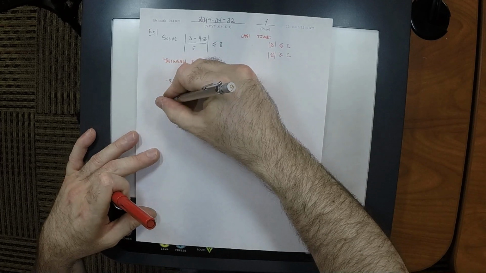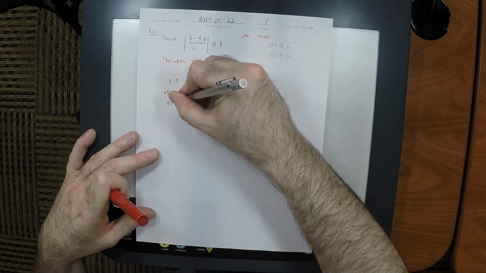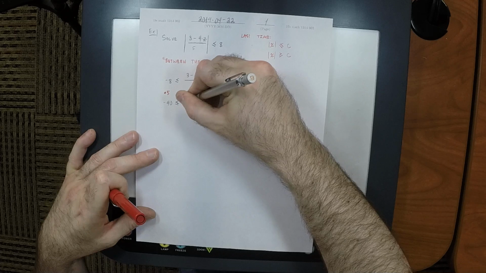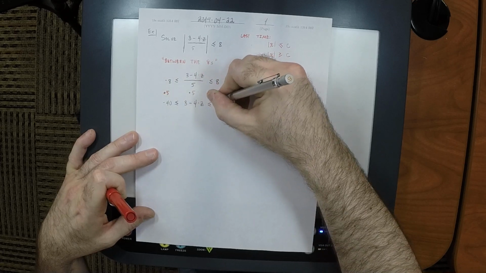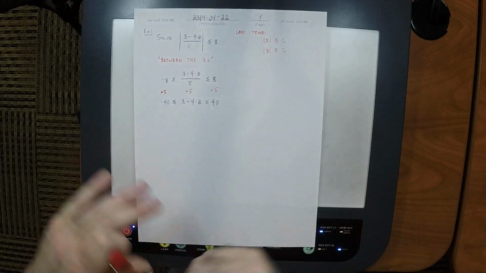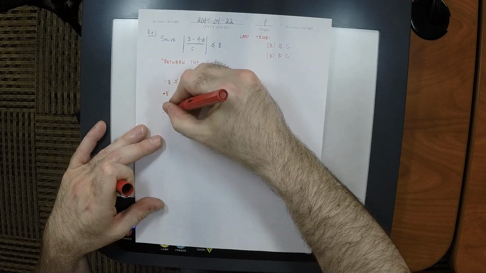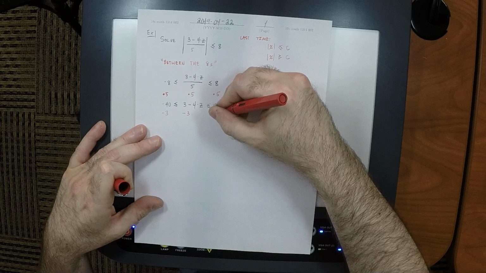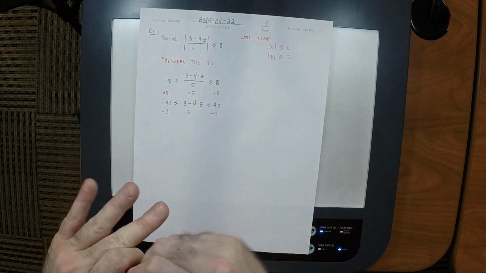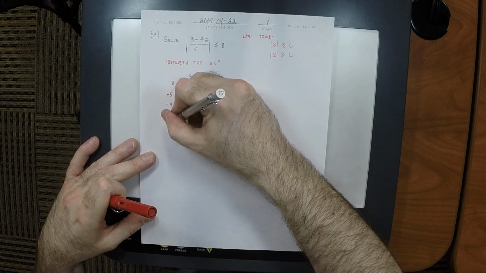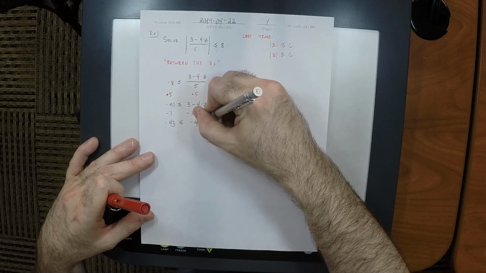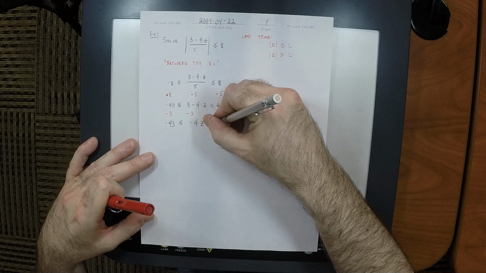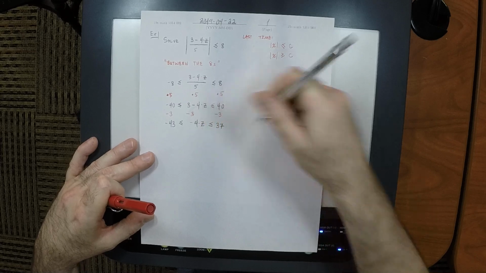So that we have -40 less or equal to 3 minus 4z less or equal to 40. And then we can subtract 3 from all positions. -43 is less or equal to -4z is less or equal to 37.